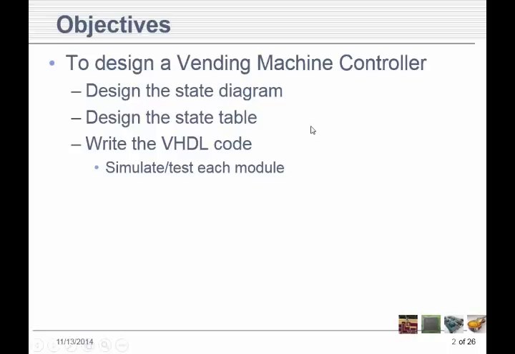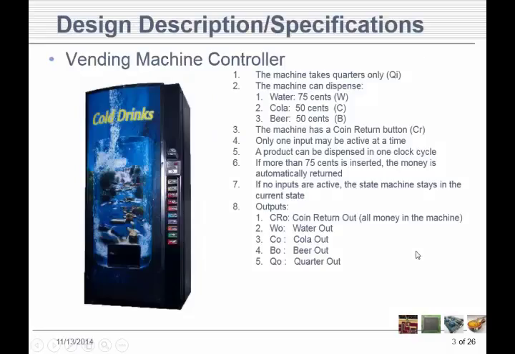Project 5. Okay, so here I've got a vending machine. I want to design it, state diagram, design a state table, write the code for VHDL, and then simulate it. We're not going to worry about implementing the design with all these components.